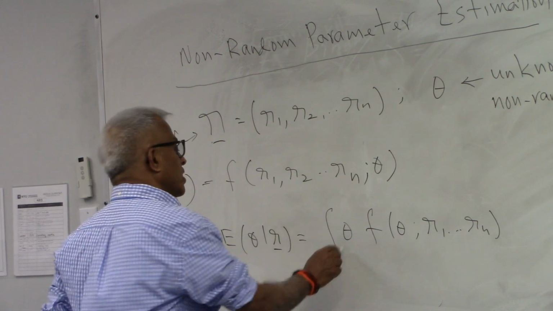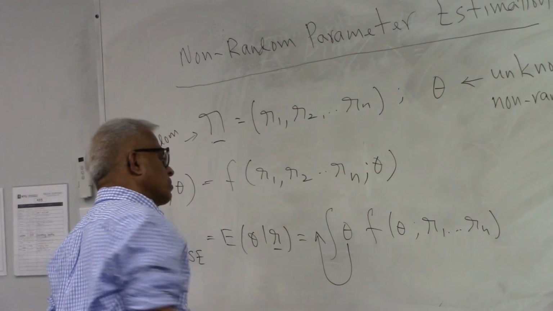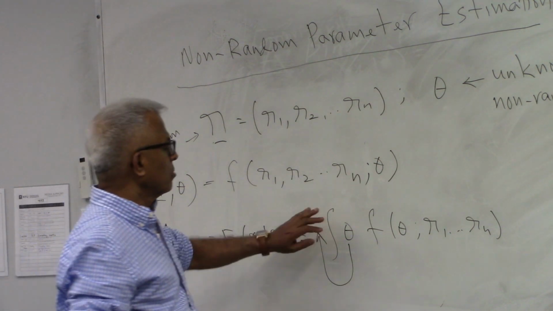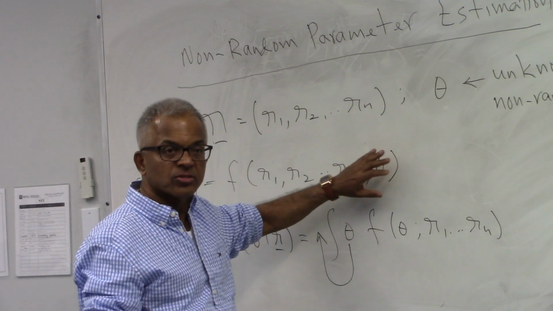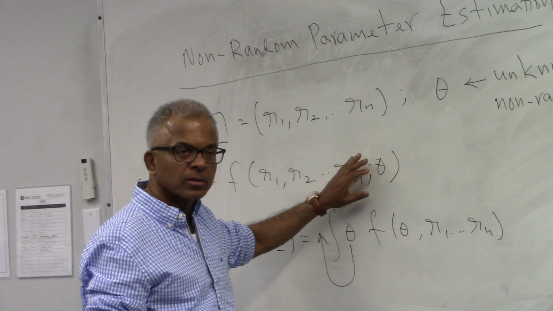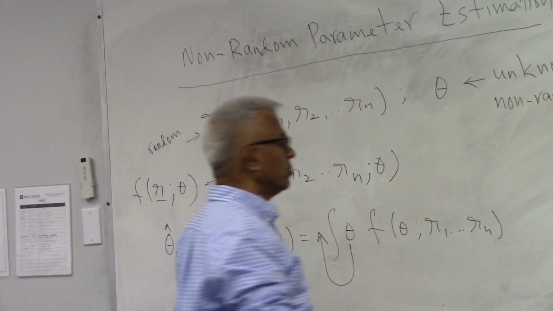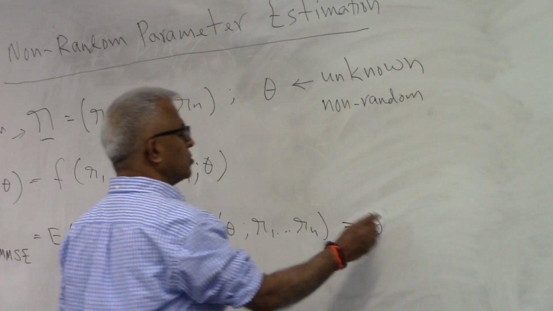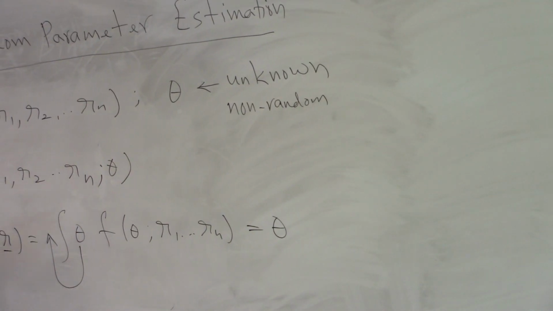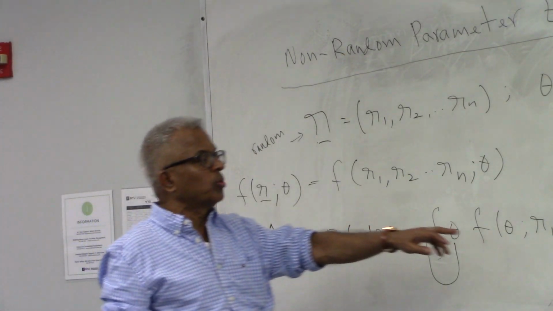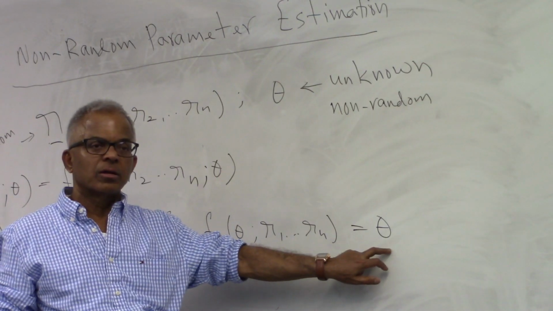But remember, in this case theta is just unknown. Whatever you do, you have the joint density function of the data. If I pull out the theta, remember theta is not a random variable, so it will be the area under the density function. So if you use this approach, you come up with this meaningless result, because this is what you are trying to estimate.